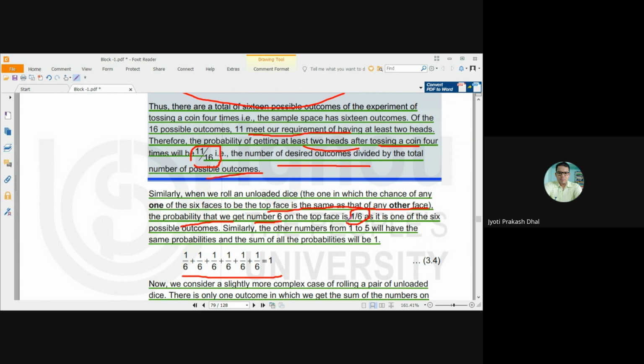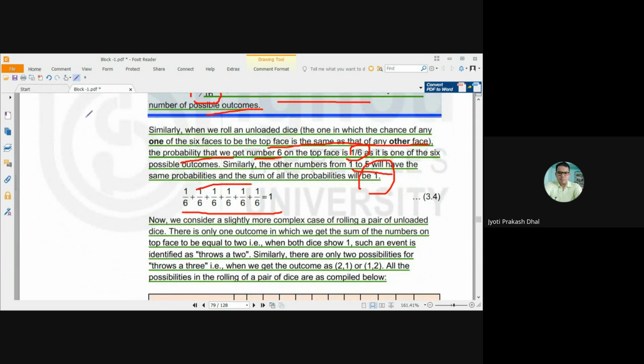Similarly, the numbers from 1 to 5 will have the same probability, and if you add all the probabilities, that will become 1. So this is the probability of getting a 6, a 5, a 4, a 3, a 2, a 1. If you add all the probabilities, that will become 1.